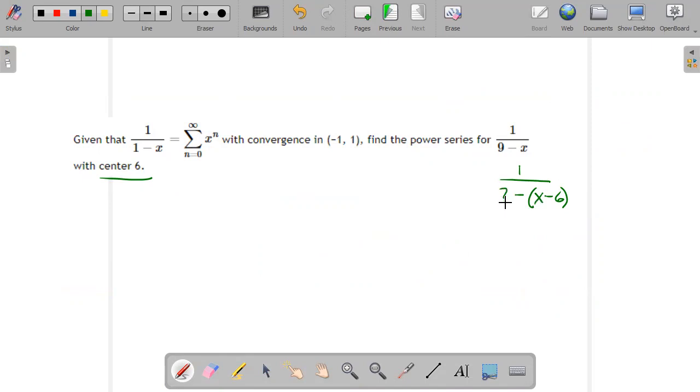I just got to figure out what goes over there to compensate. So let's see, if we do that, that's going to be a minus x plus 6. And over here, I have a 9. So then there should be a 3 out there to compensate. All right, because 3 plus 6 would give me that 9 up front. So I want to rewrite this right here as 1 over 3 minus x minus 6.